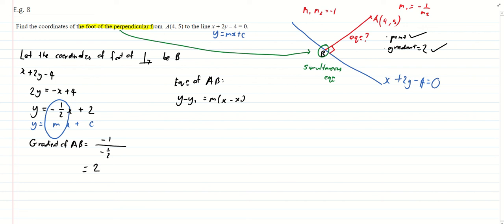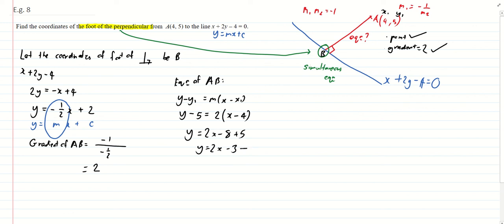Again, it will be helpful if you label it as x1, y1 over here. So we have y - 5 = 2(x - 4). Simplify this equation. I have y = 2x - 8 + 5, y = 2x - 3.